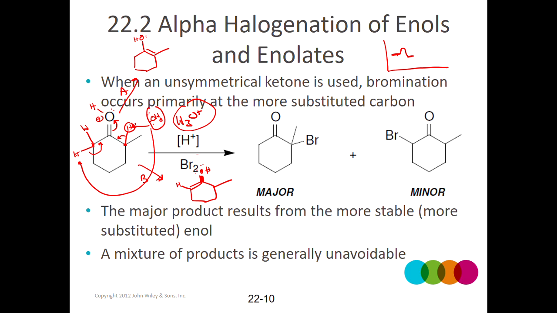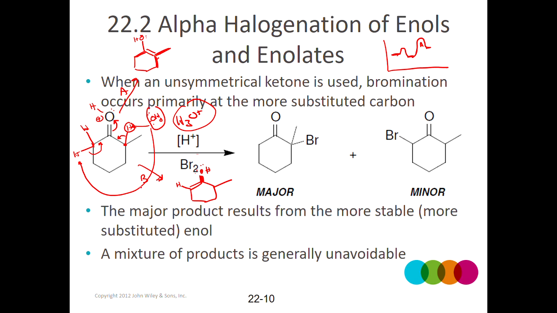If we pick off the proton that gives us A, that pathway goes through a slow step, but it goes through a lower energy transition state because the carbon-carbon double bond is more substituted with carbon groups. It's got 3 of them.